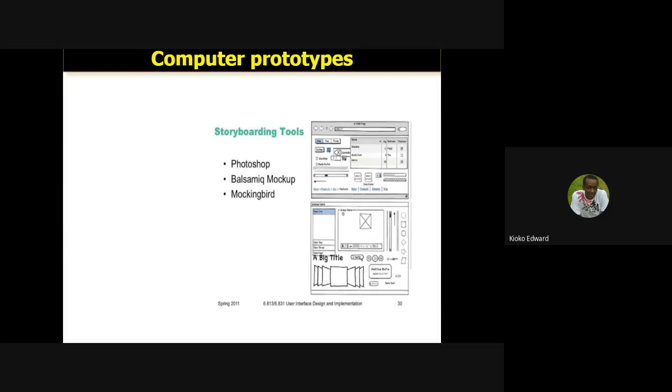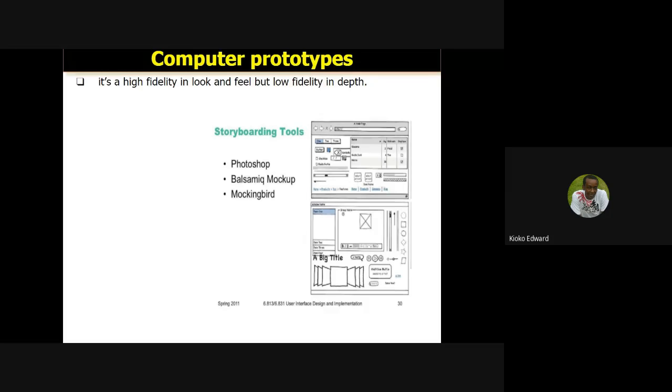We can also have some computer-based prototypes, and these will be high fidelity prototypes. So this one will be a high fidelity prototype in look, but low fidelity in depth. And when we say they are low fidelity, it's a case whereby we are using some storyboarding tools. For example, you can sketch how the system will look using Photoshop. How will the system look using software like Mockingbird?